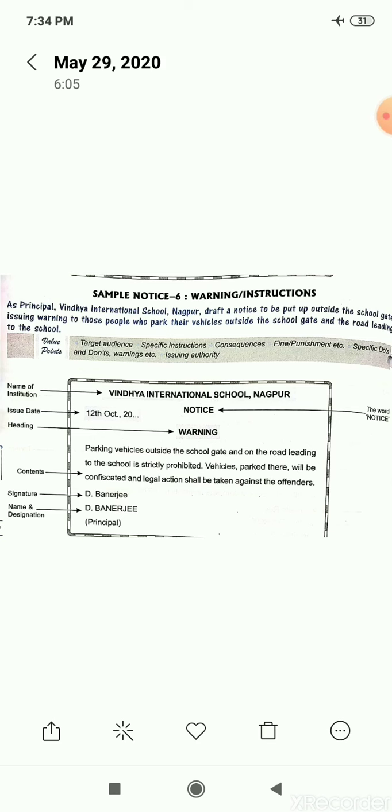The offenders. After that, name and designation, and above that, signatures, right? Name, you can invent any name. D. Banerjee is written. After that, principal in round brackets, and above the name, signatures, right? I hope that's also clear to you.